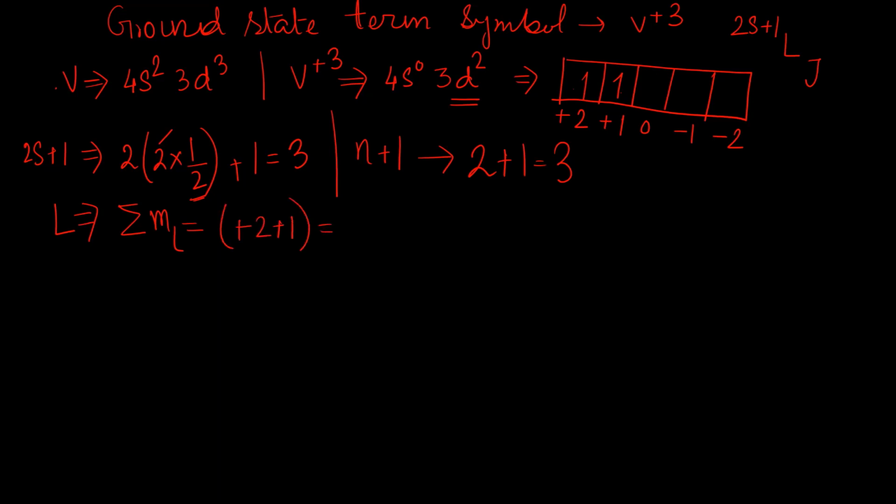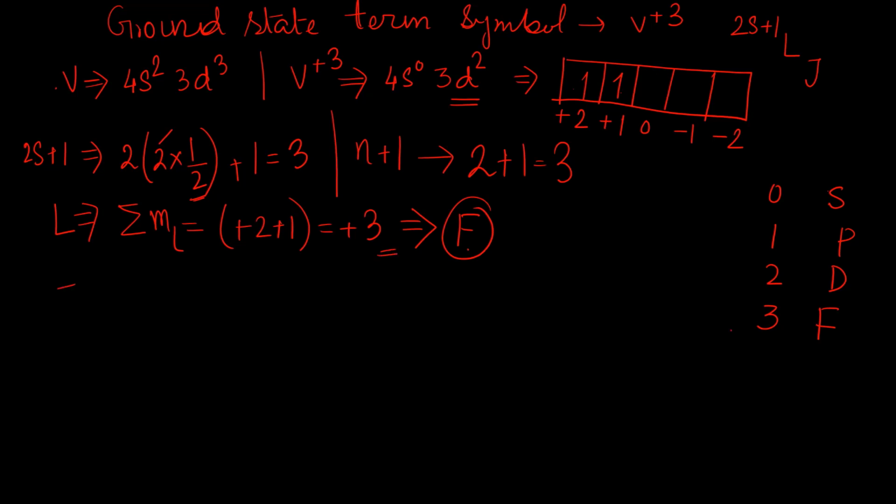The value is plus 3, which denotes F, because we know 0 denotes S, 1 P, 2 D, which I have already discussed. So I am directly writing the value F, which corresponds to 3 value of L.